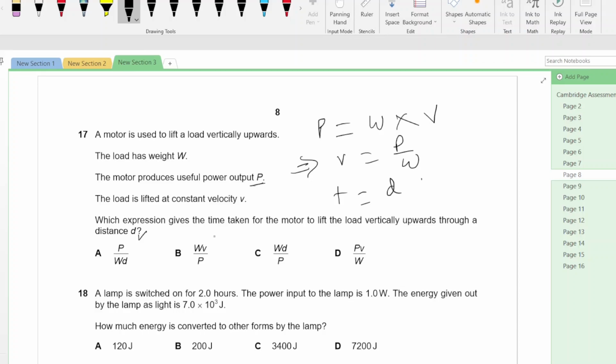Distance by velocity, therefore distance into W by P. This is exactly the same as W d by P. And the 17 answer is C.